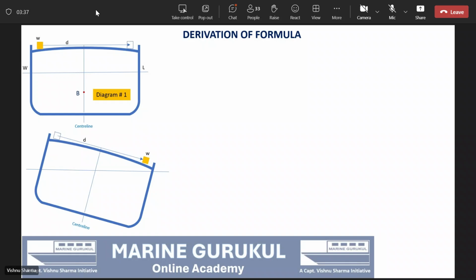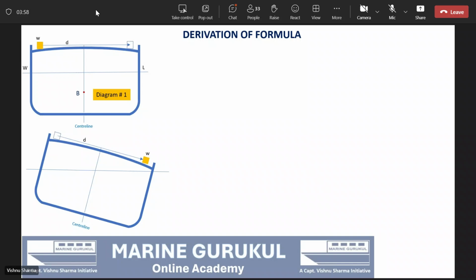Now, usually when you do the list problems, what do you take as the listing moment? You take the listing moment as small w into small d. Am I right, beta? Yes or no? Correct? Usually when we solve the questions for list, what do we take as the listing moment? Small w into d in this case? Yes or no, beta? Yes, sir.